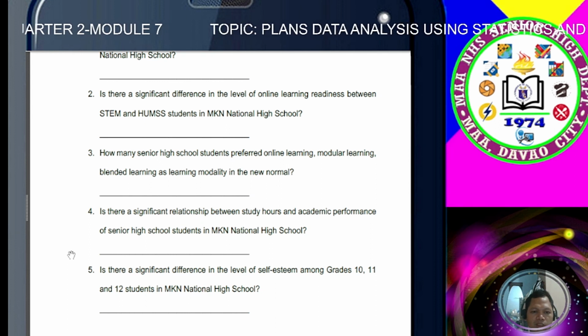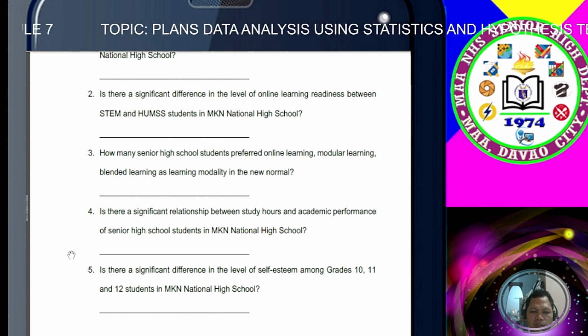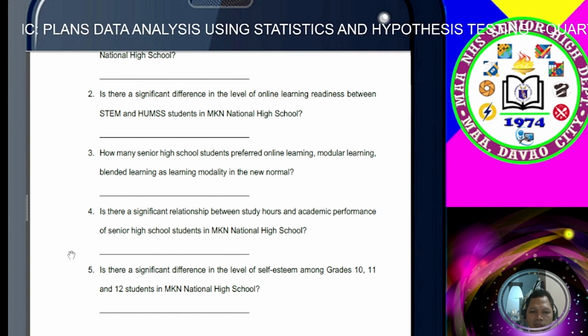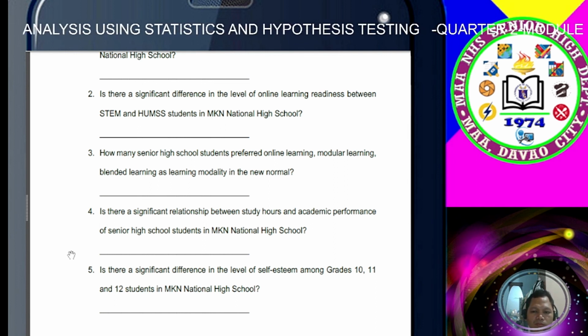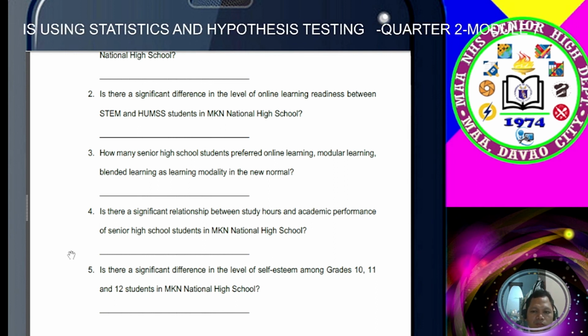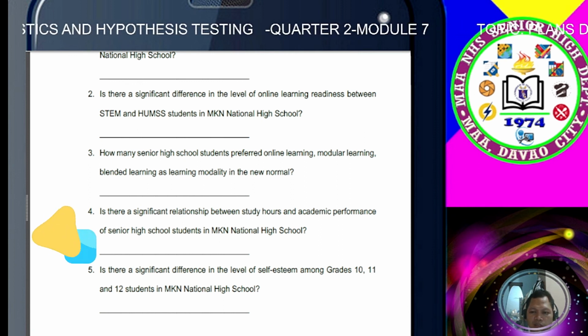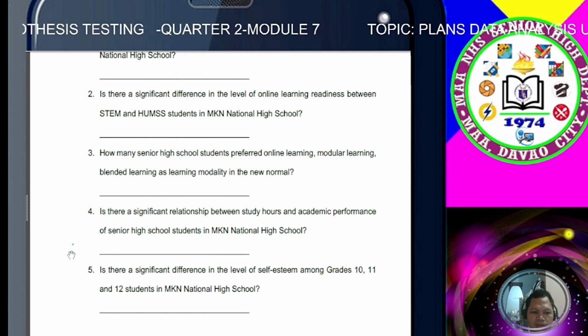Number 4. Is there a significant relationship between study hours and academic performance of senior high school students in MKN National High School? The correct answer there is we'll use the Pearson R. Last, number 5.